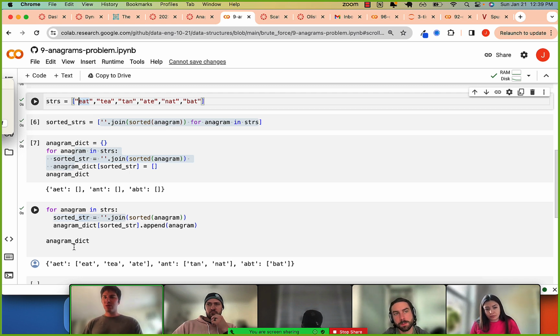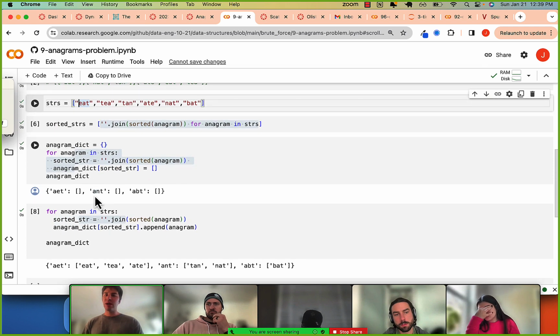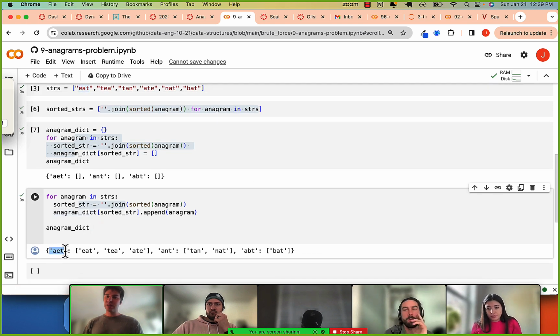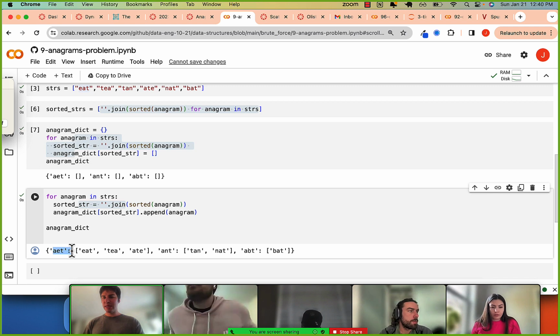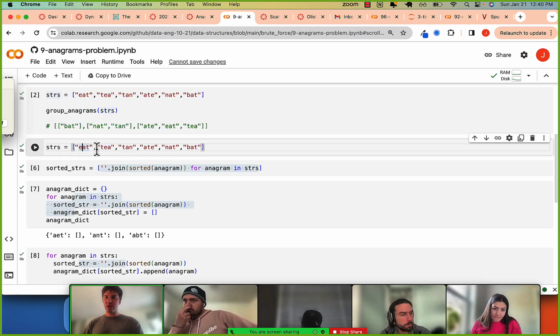Different ways of coercing the data are turning it into a list, turning it into a dictionary, or creating what I call the histogram, a dictionary with the keys being what's there, and the values being how many times each occurs. Another thing is sorting the data, which is really useful and can provide a lot of information. This is an example of that: if words are the same when they're sorted, then they're anagrams of each other.